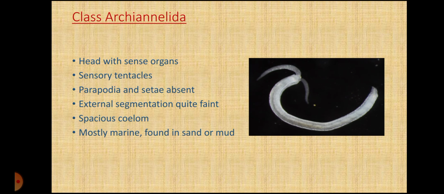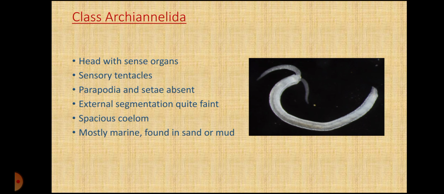Then next is the Archiannelida. Archiannelida bears the head with sense organs. There are present sensory tentacles, while parapodia and setae are absent. External segmentation is quite faint. Their body appears smooth due to this faint segmentation.